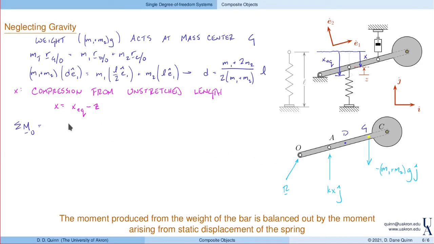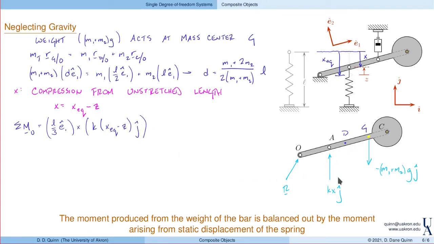Well, once again, moments are R cross F. Right? So I get L over 3 in the E1 direction cross the force here. Right? So that's going to be K times X. Well, I'll go ahead and write X as X equilibrium minus Z. And that's in the J direction.